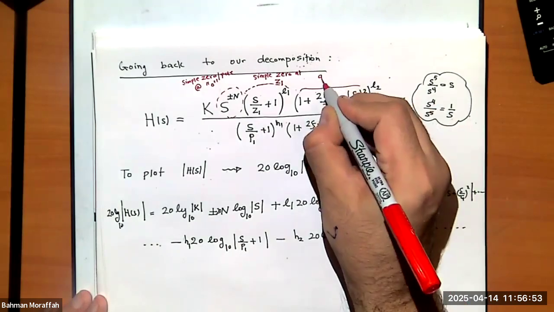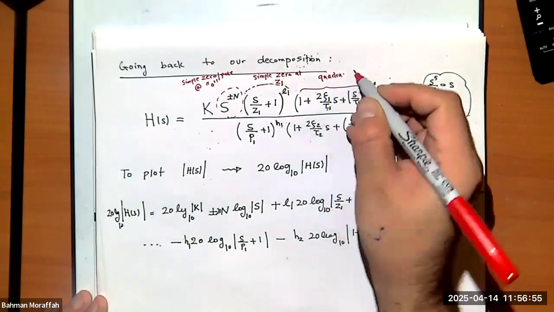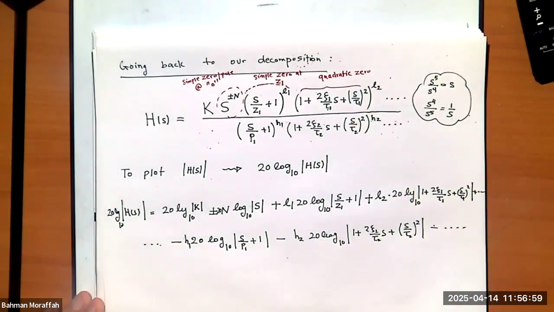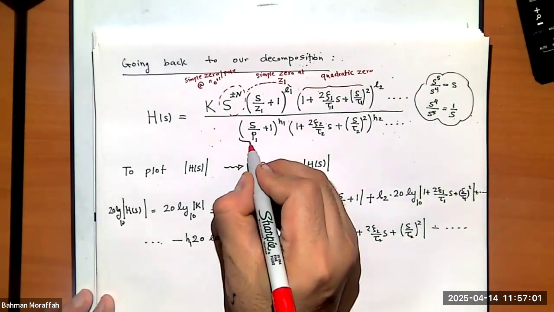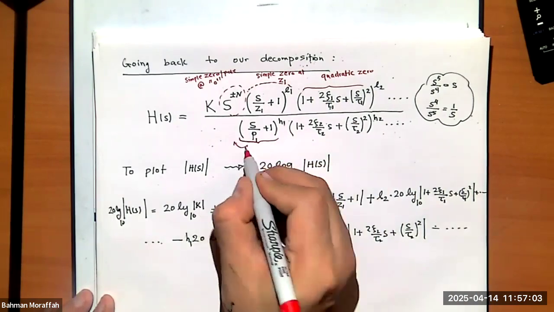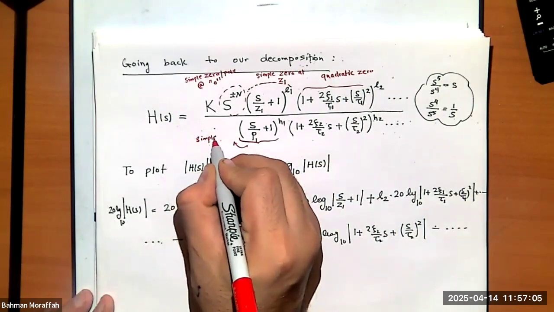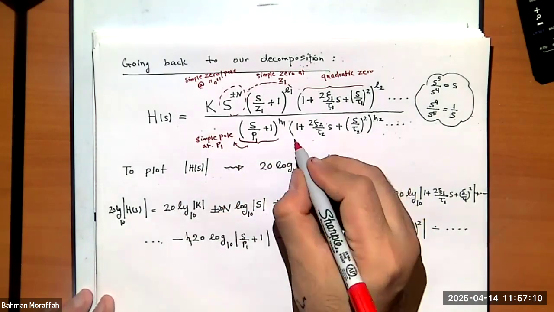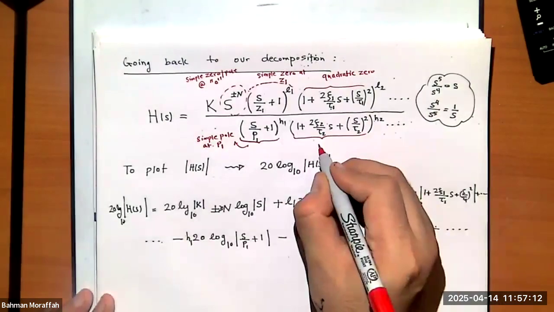This is a quadratic zero. This term over here is just a simple pole at p1. And this is a quadratic pole.